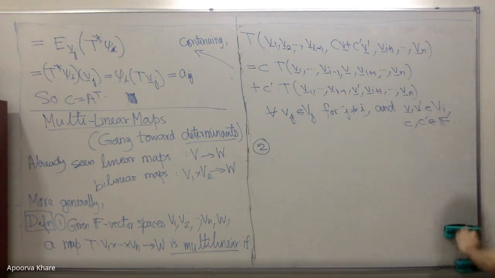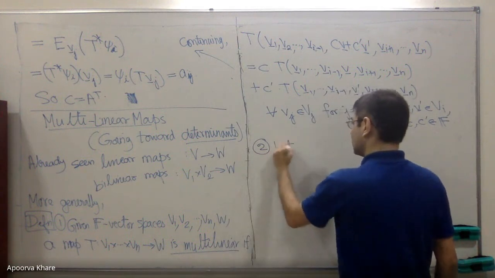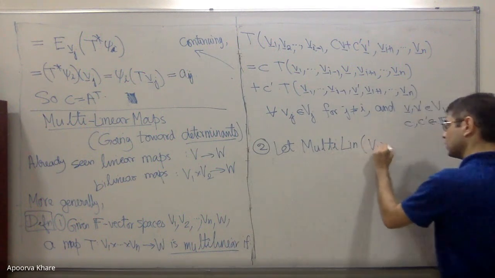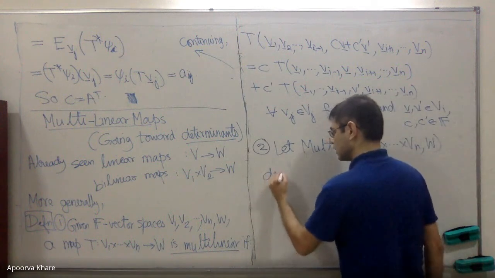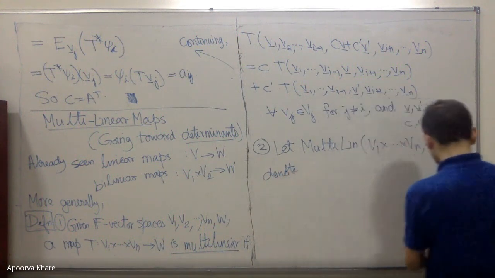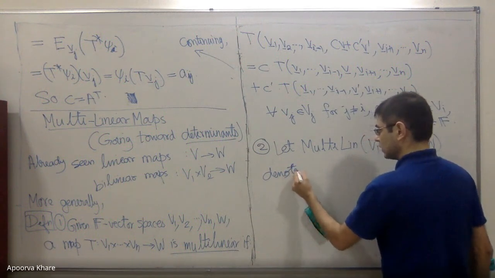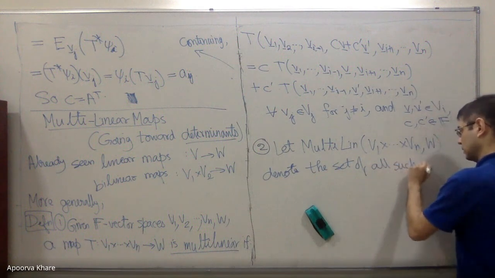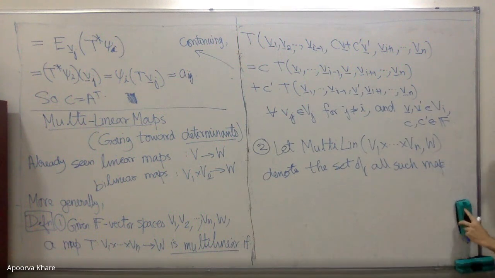Okay, so now, like we said lin and bilin, we write multilin to denote the space of such maps. All such maps.